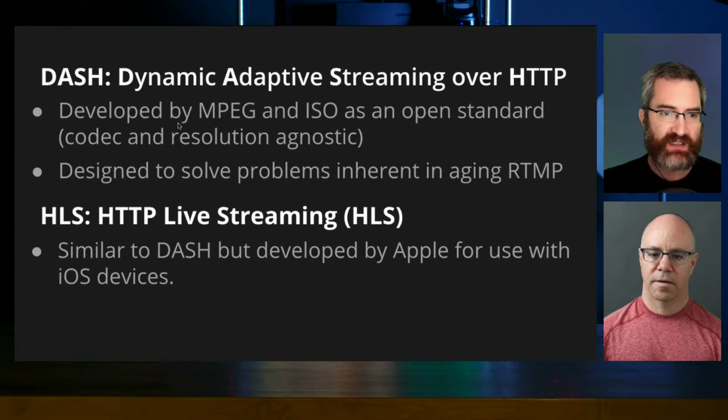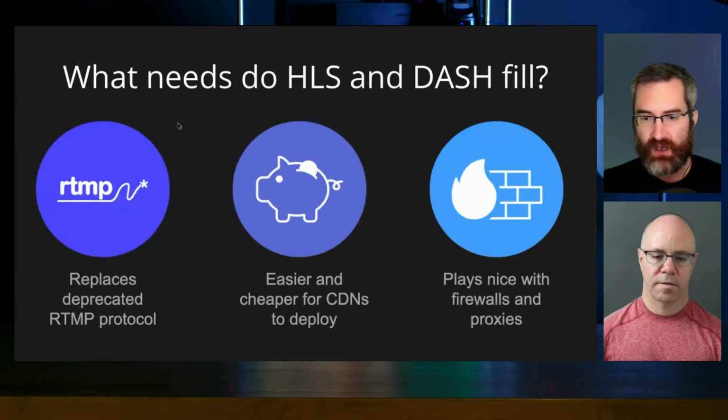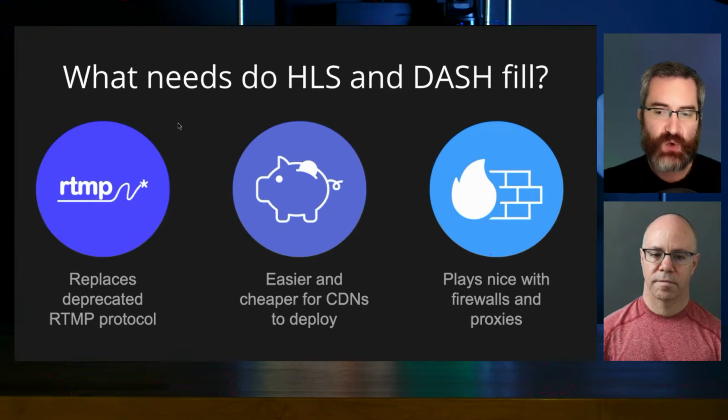So one of the things that people are moving away from RTMP for is they need more modern solutions. So these two both can replace RTMP as it kind of goes out. One of the things it does, as you mentioned, Dave, riding on HTTP means that it's actually cheaper and easier for CDN, a content delivery network, a service provider, to deploy these because there's less transcoding typically involved in order to move it for things like adaptive bit rate on the distribution delivery side.